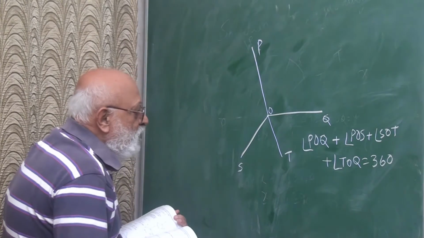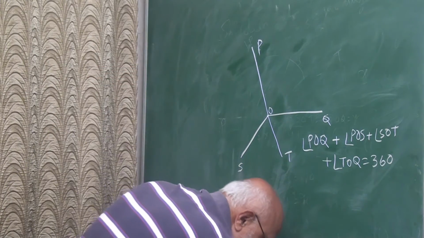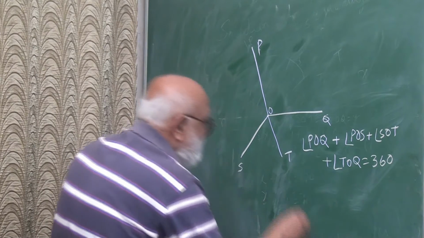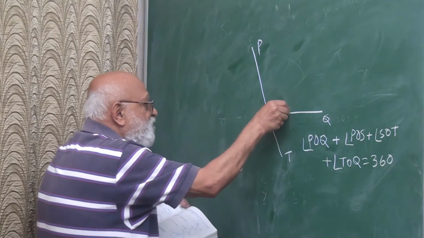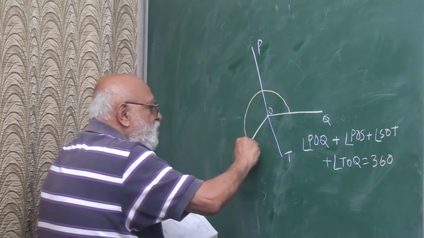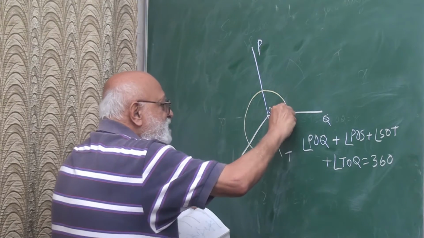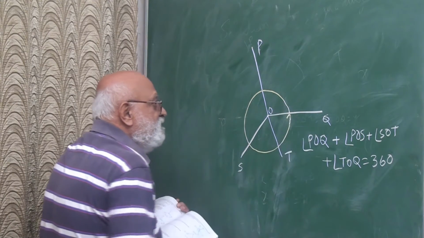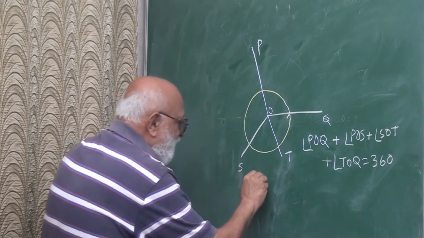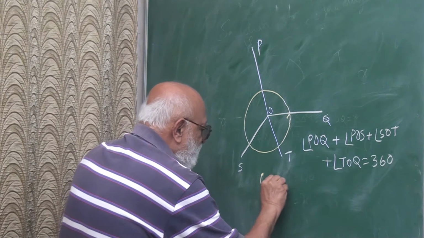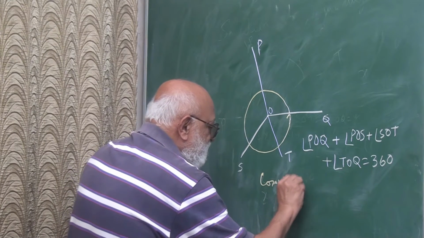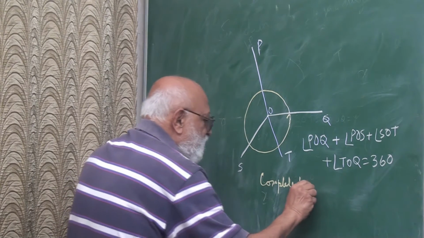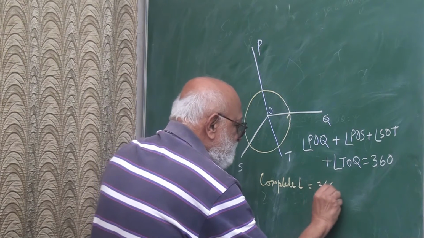All you have to do is to show that this together, if I start from here and go all the way down here like this, is a complete angle. So if it is a complete angle, then it is equal to 360.